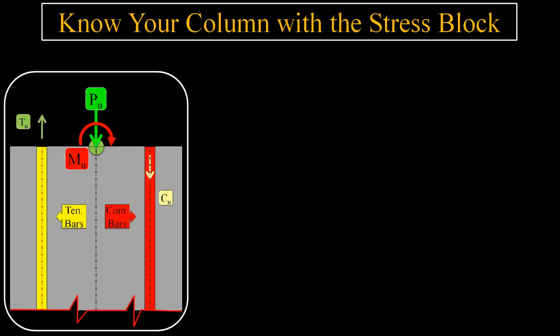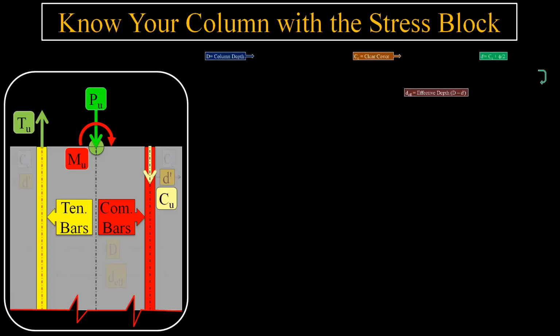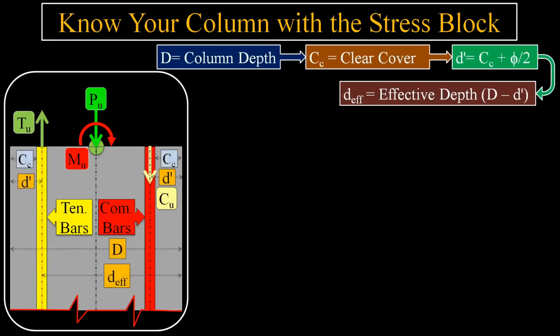When Pu and Mu act on the column, they create internal resistance forces, Cu, the resultant ultimate compressive force, and Tu, the resultant ultimate tensile force in the steel bars. The engineer's goal is to ensure the internal forces balance the external loads. Let's define the key dimensions.